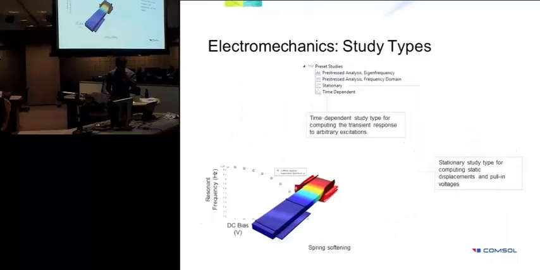In terms of study types, you can do stationary. By stationary, I mean you can calculate the effect of a DC bias on the electromechanical device. Or you can also calculate the pull-in voltage. Pull-in voltage is the voltage required for the snapping of the resonator in an electromechanical device.